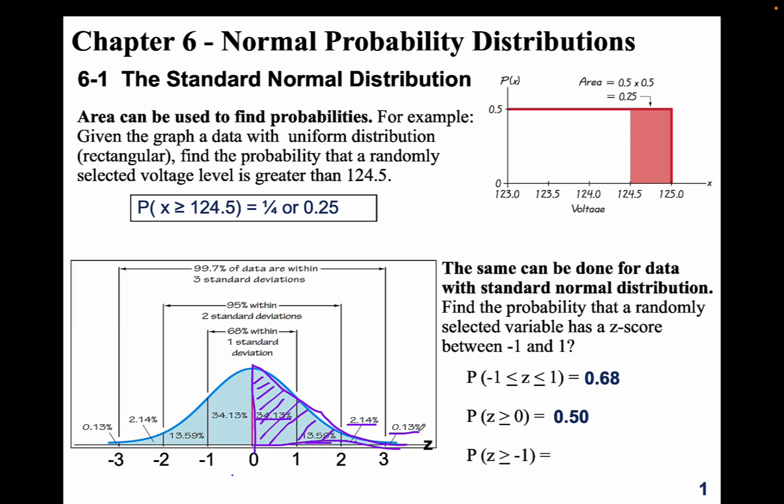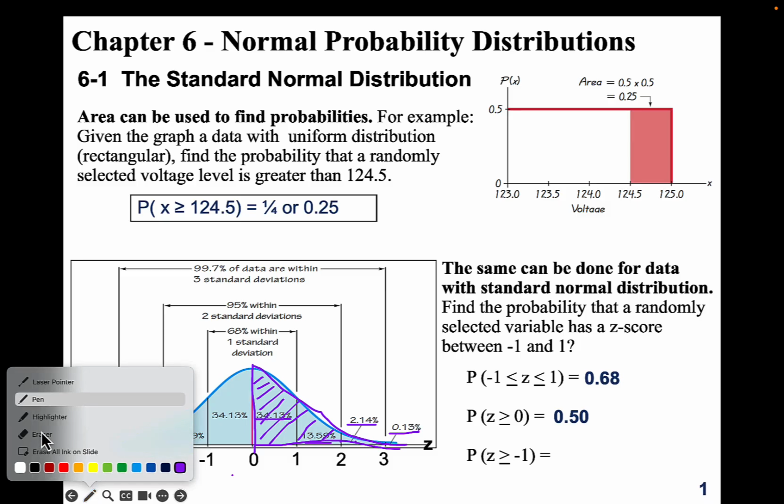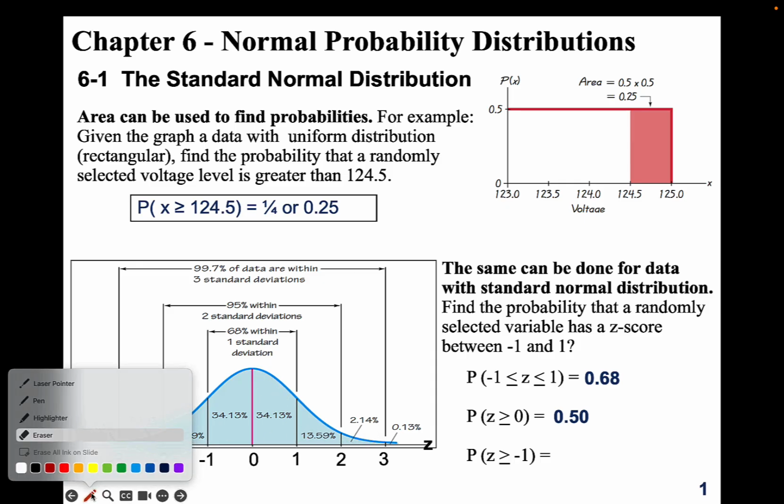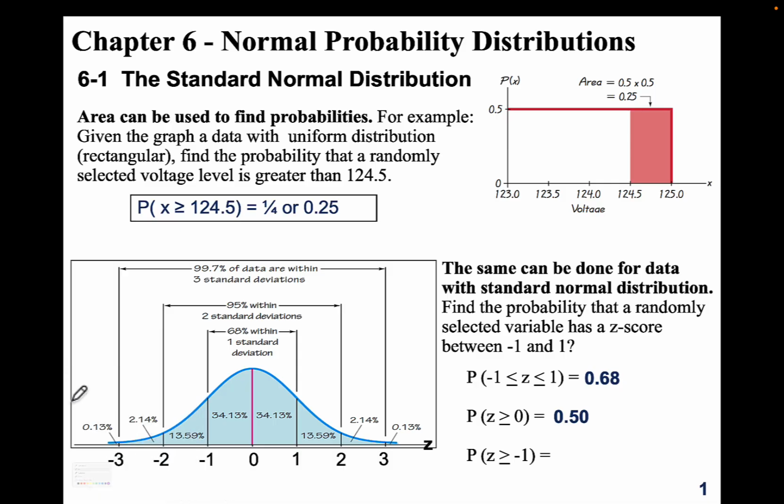This time we're being requested to find the probability of a z-score greater than or equal to -1. Let me erase this last stuff. Okay, greater than or equal to -1. So our shading this time needs to start at -1, and then we shade in the greater than direction.